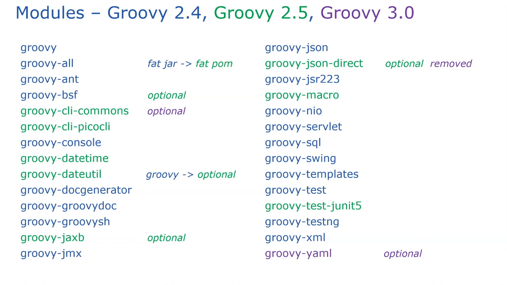The CLI builder that is in Groovy 2.4 is based around Commons CLI. But that's still going to be there, but it's becoming optional, and most people will probably use the Picocli version of Groovy CLI.